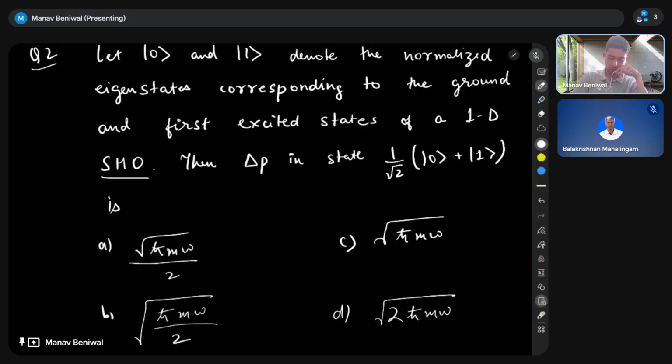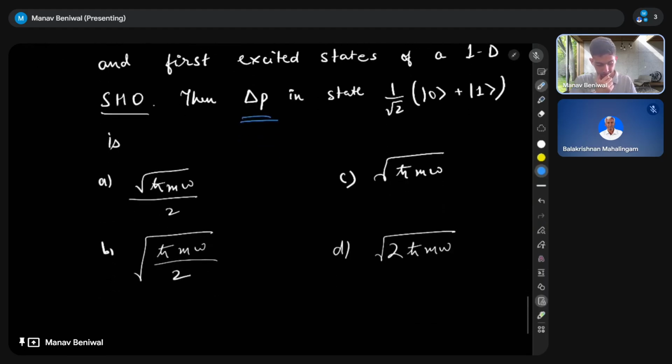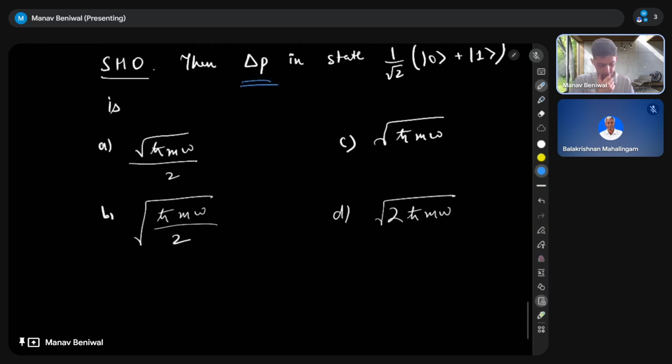Okay, so these are the options which are given to us. Now, first of all, we need to define what this delta p is and how do we find out this delta p. So we know that delta p is defined as the under root of p squared minus p squared.